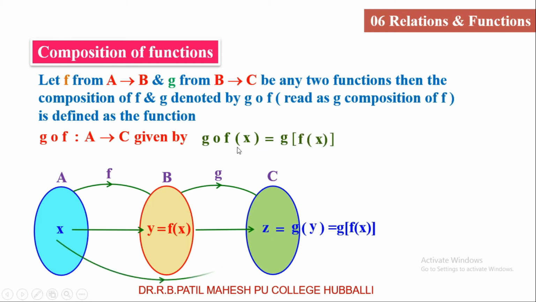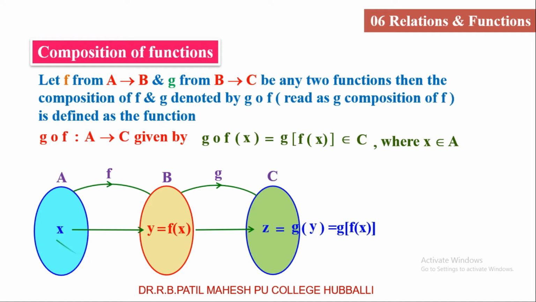Dear students, under the function g composition f of x that will be in the set C, so that element you can see as g of f of x. That belongs to the set C, where x belongs to the set A. This is the definition of composition of function g composition f.